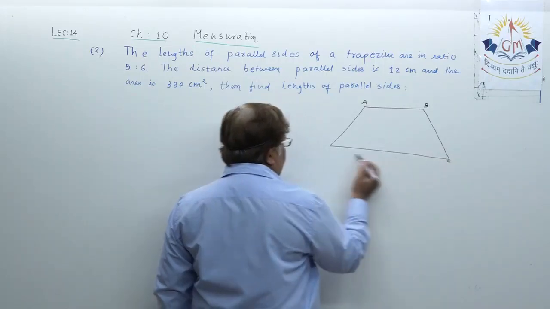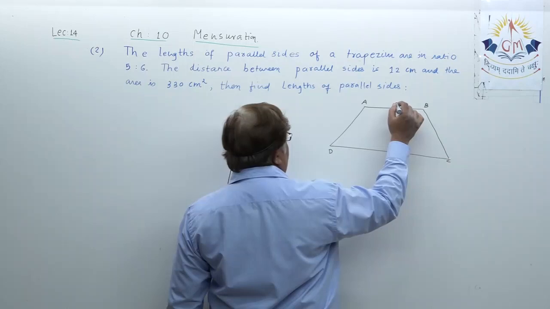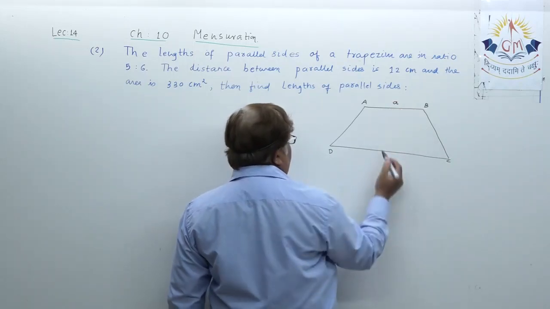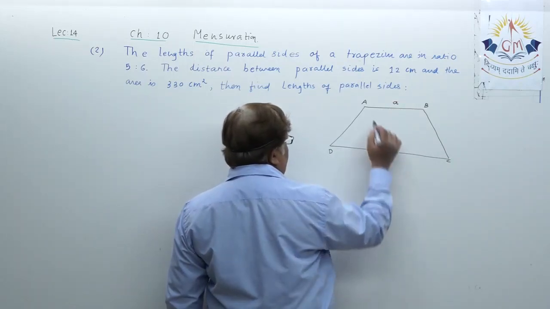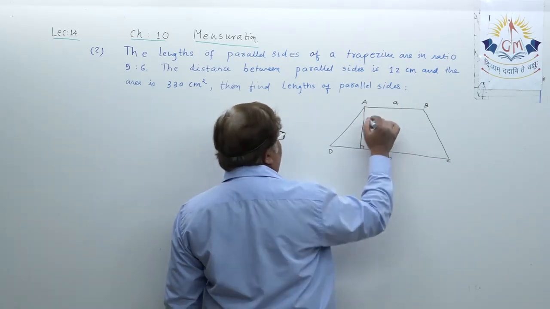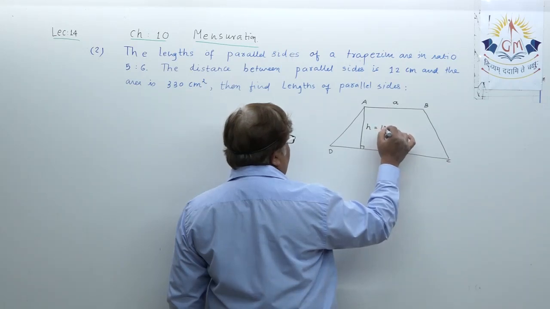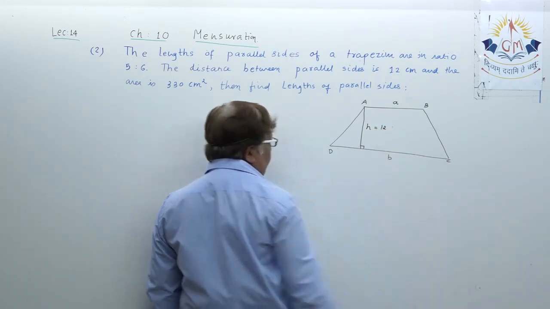Ultimately you do not require it here. Suppose I call the parallel sides a and b, and the distance between these two, h, has been given as 12 centimeter.